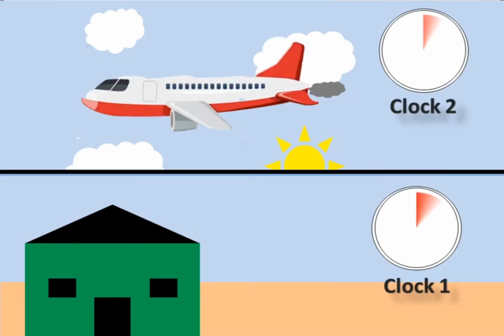For example, two clocks were set to the exact same time. One clock stayed on Earth while the other flew in an airplane going in the same direction the Earth rotates. It was observed that the clock on the fast-moving airplane was moving slower than the clock on the Earth, and that's the principle of time dilation.